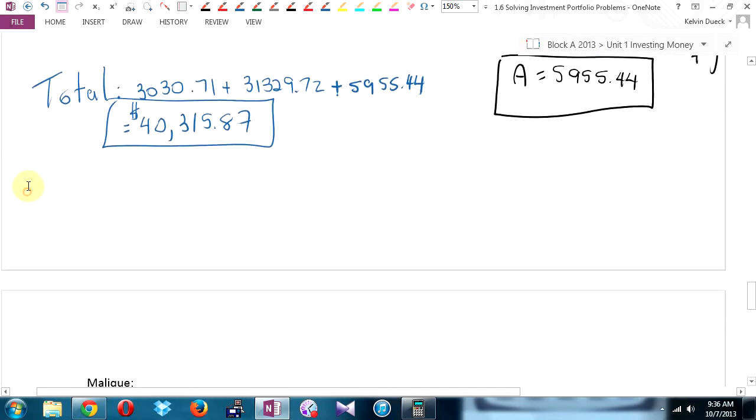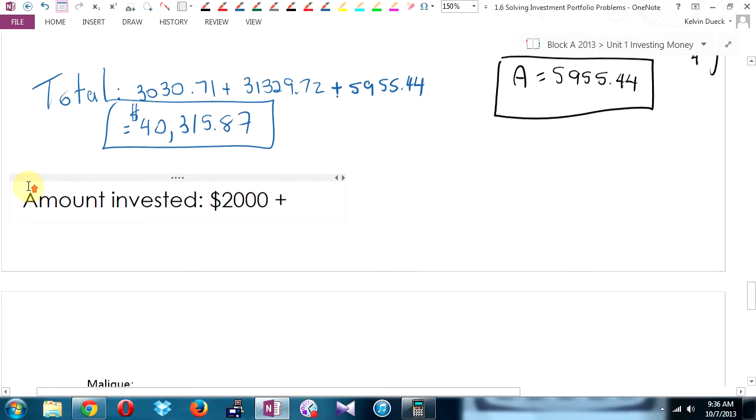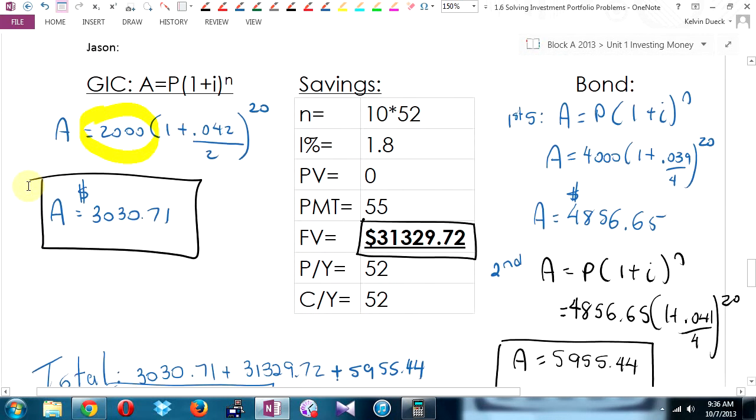So, amount invested, $2,000 plus. How much did he invest in this second one? Well, $55. How many times did he dump in that 55 bucks? 52 times. That's in 1 year.